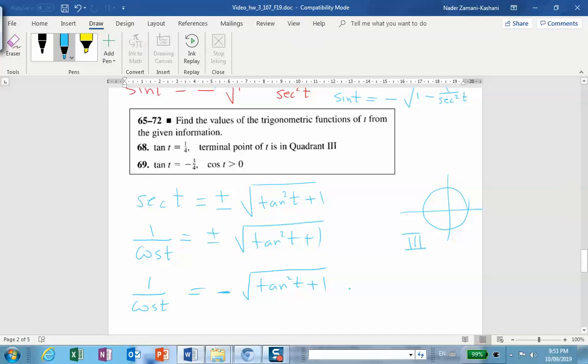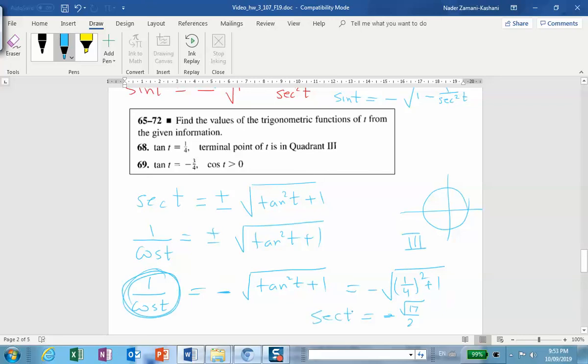So we plug it in. Minus the square root of (1 over 4) squared plus 1. So this is minus the root of, underneath the radical, 17 over 4, so 17 over 2. No, this thing is your secant of t.